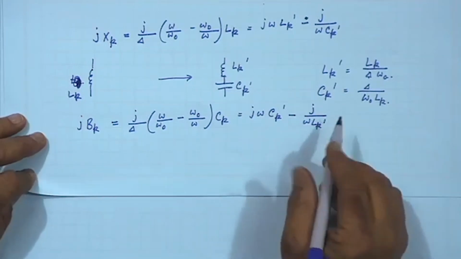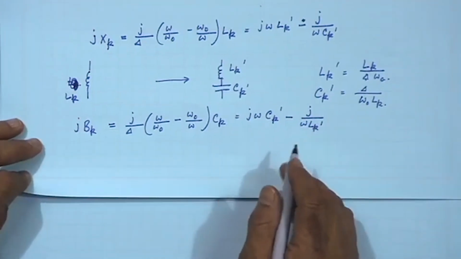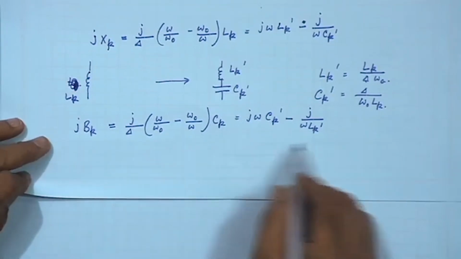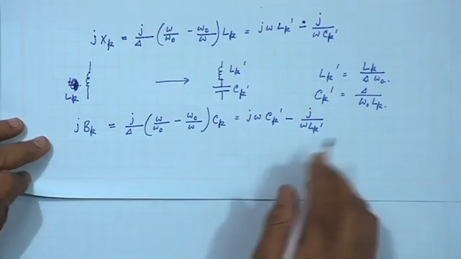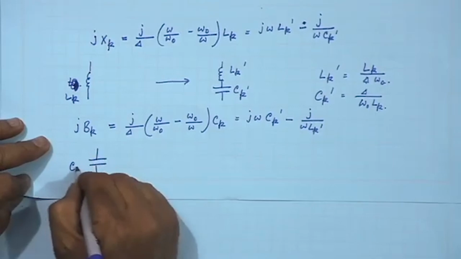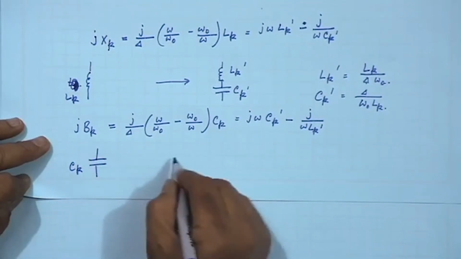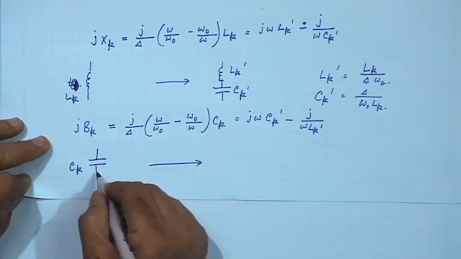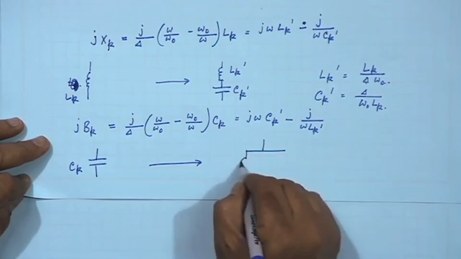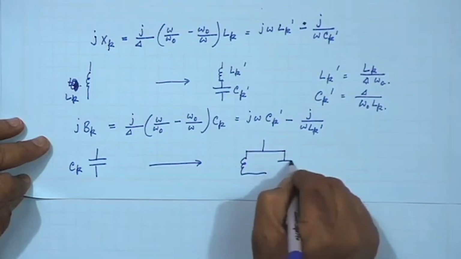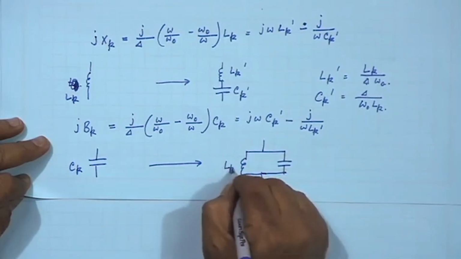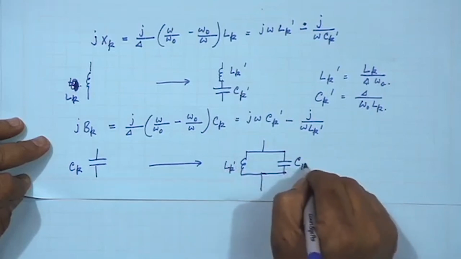So, you see that a shunt capacitor is transformed to a shunt LC circuit with elements Lk dashed and Ck dashed. If I draw again, I had a Ck in the low pass prototype, but now I have a shunt LC with Lk dashed and Ck dashed.